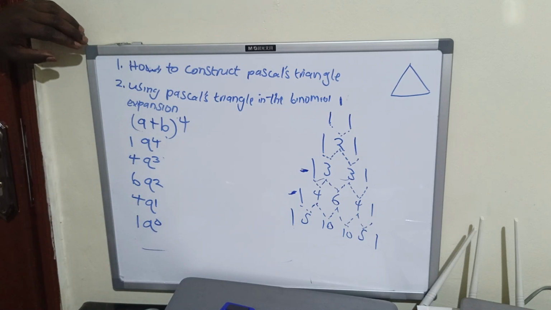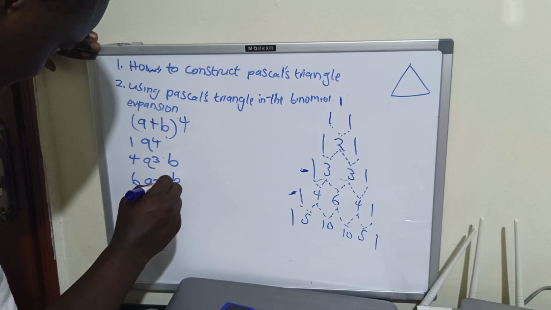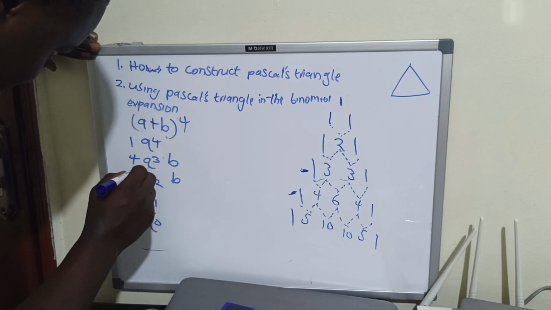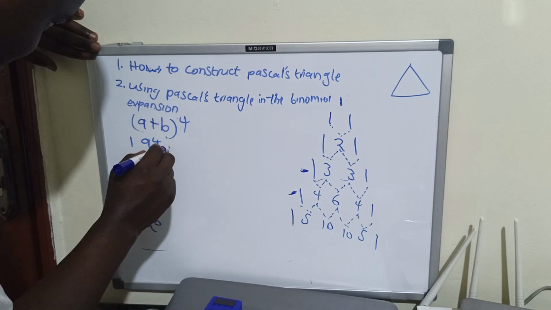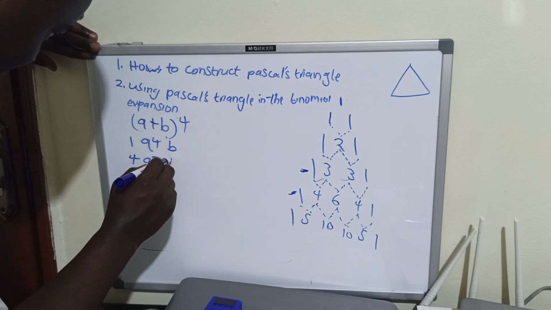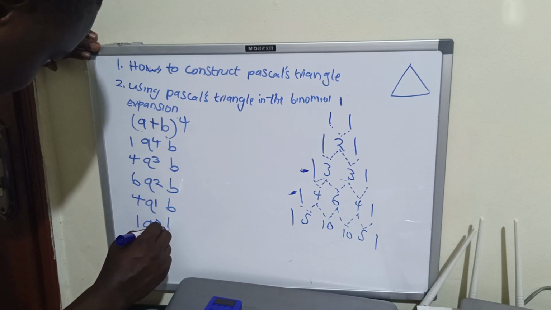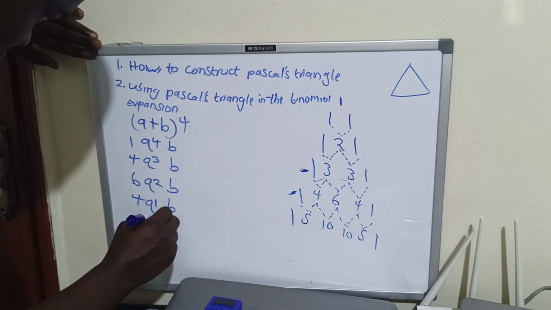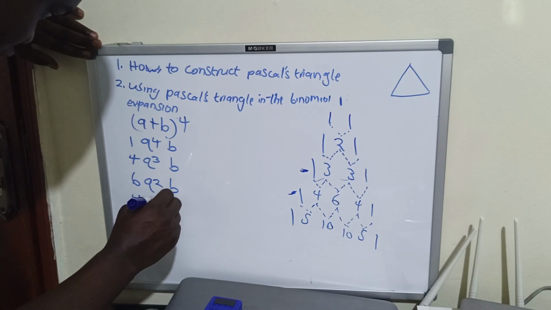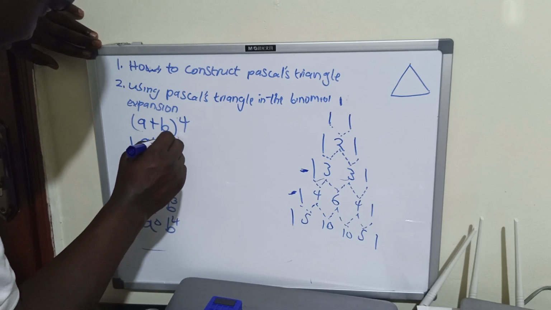Then we write the b. Sorry, the b should be here. Now b will start from here, raised to power 4, raised to power 3, raised to power 2, raised to power 1, raised to power 0.